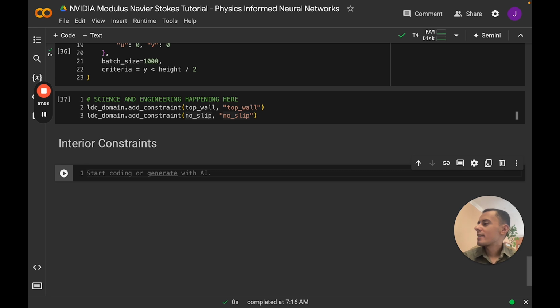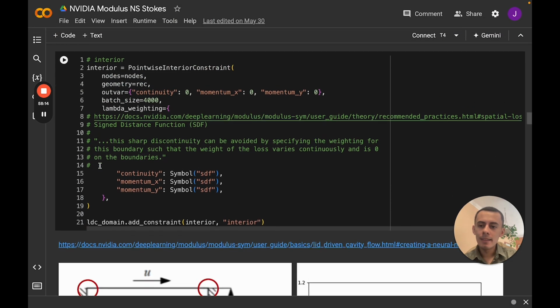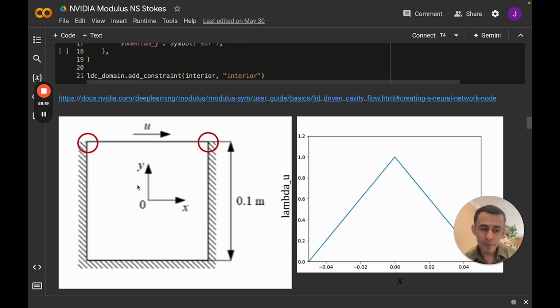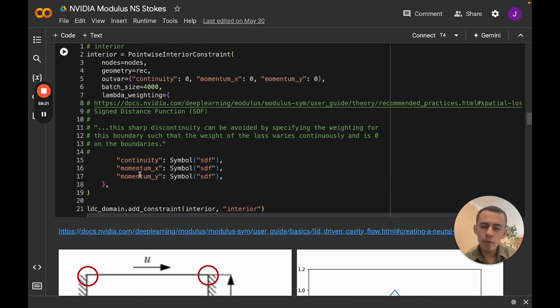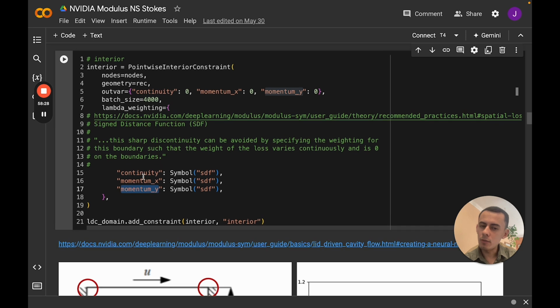Well, the interior constraints are all about making sure that, at a given place within the domain, what should be the value of the continuity equation? What should be the value of the momentum x equation? What should be the value of the momentum y equation? Do we know that value?